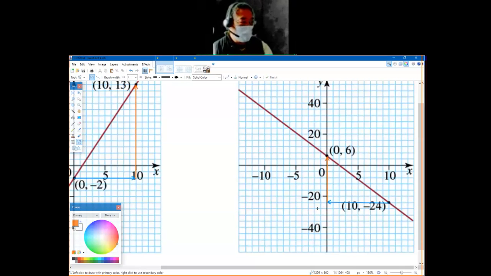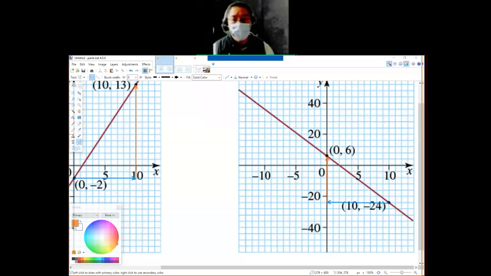It goes from negative 24 to 6, so it's still positive 30. Your run is from 10 back to 0, so it's negative 10 because you're going to the left. So again, the gradient, which is your rise over run, is positive 30 divided by negative 10. It's still the same.